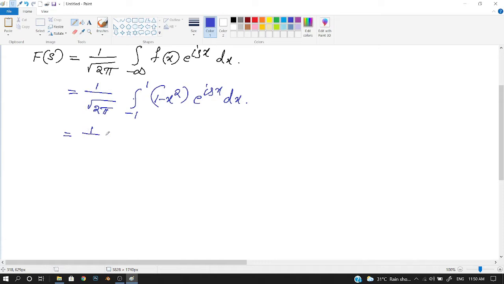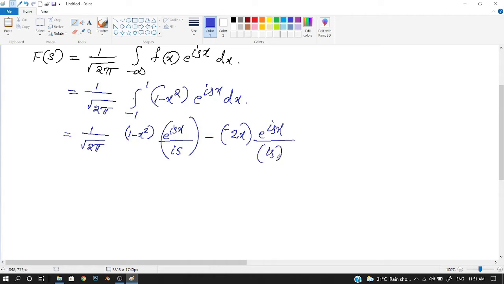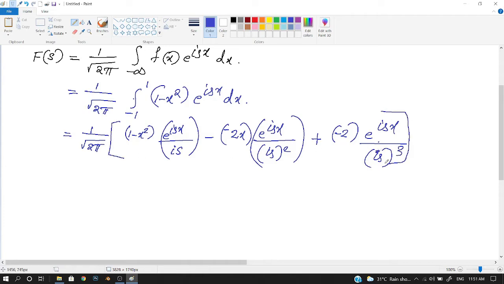Now this is equal to 1 by root 2 pi, then (1 minus x square) into e raised to isx divided by is, then minus 2x e raised to isx divided by (is) the whole square, then plus minus 2 into e raised to isx divided by (is) the whole raised to 3, and that is varying from minus 1 to 1. So this is equal to 1 by root 2 pi.